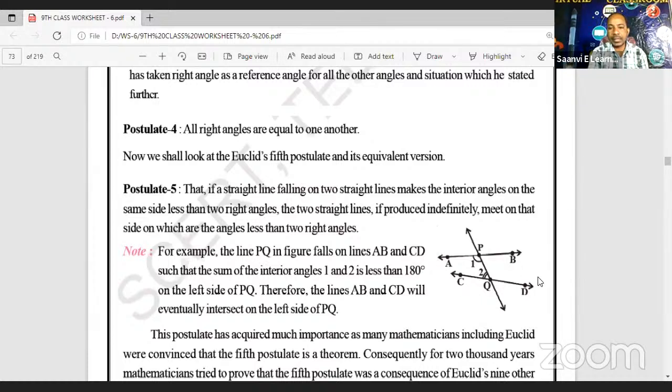Here AB and CD are the two lines, and PQ is a line falling on these two lines.